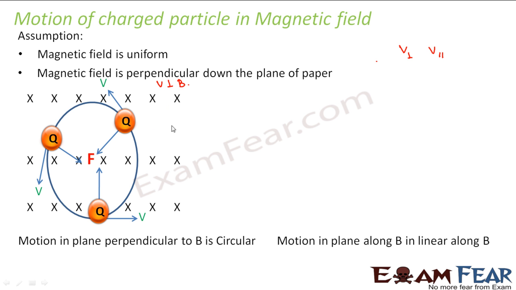The magnetic field is in the downward direction; this cross shows the direction of the magnetic field. Now let us suppose the charged particle has just entered and is at this point. The velocity of the particle is in this direction. The particle wants to go in this direction and the magnetic field is downwards.